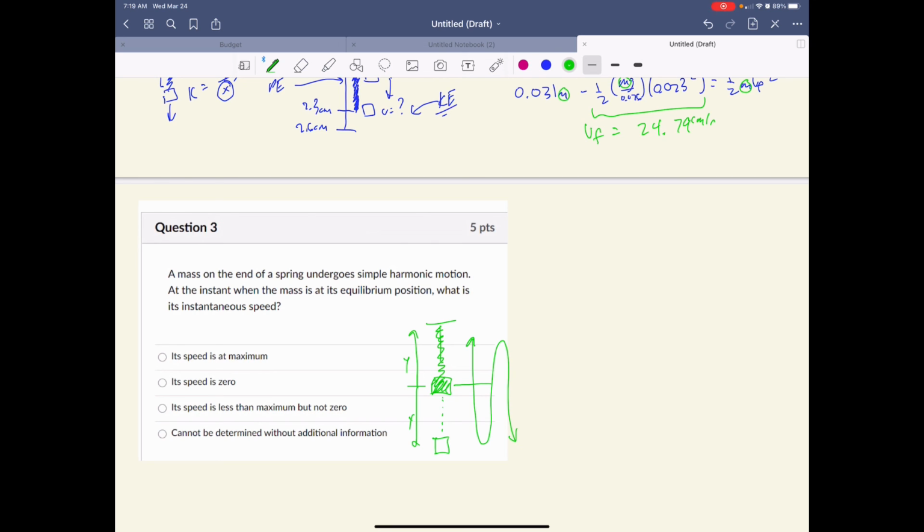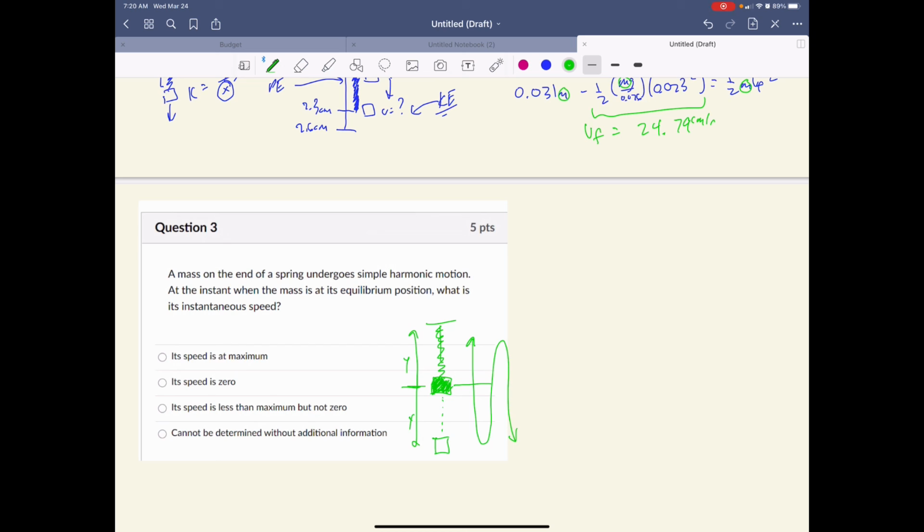It's asking, at the point that it's right at its equilibrium, what is its instantaneous speed? Well, at that position, its potential energy is 0, because that would be its equilibrium position, which means that if you forget about you pulling it down to start with and starting it oscillating, this position is a position it would just hang at naturally, right?